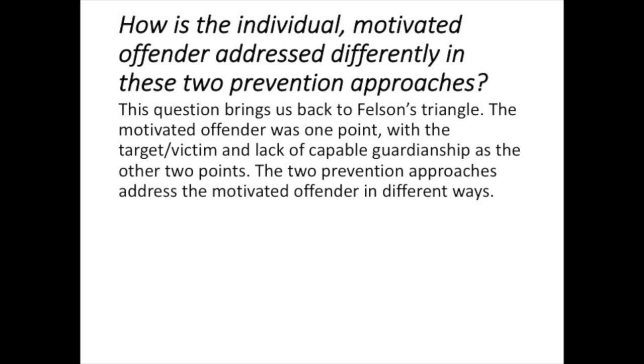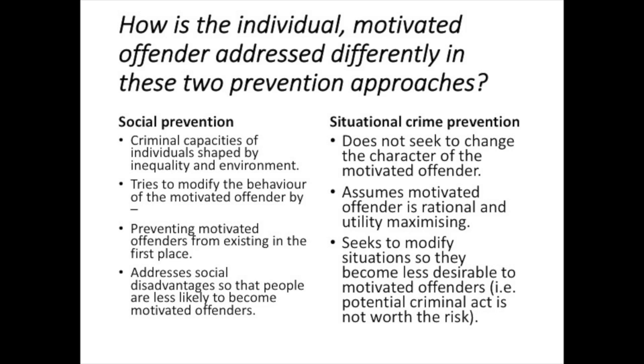So these two different prevention approaches address the motivated offender in different ways. Understanding this different approach can help you understand better what social and situational prevention is trying to get at. So again, I've just got some suggested dot points under the two.